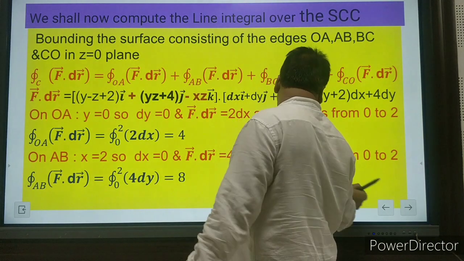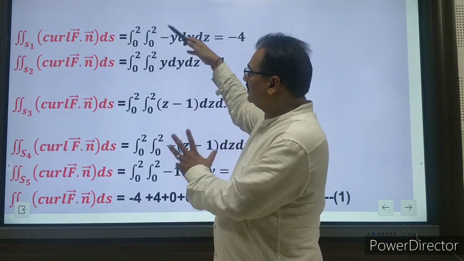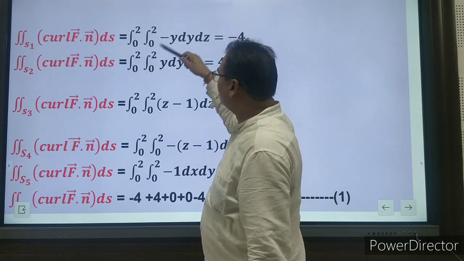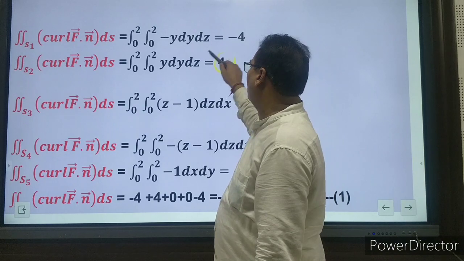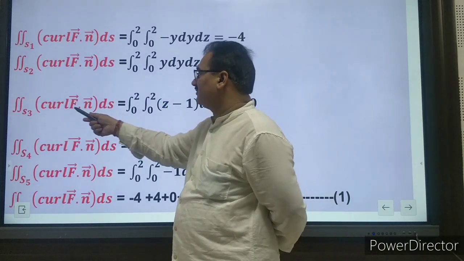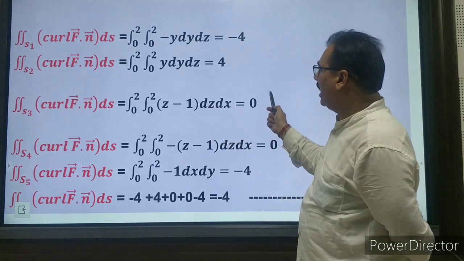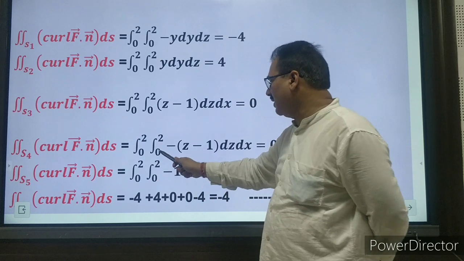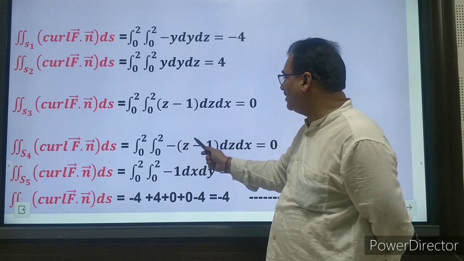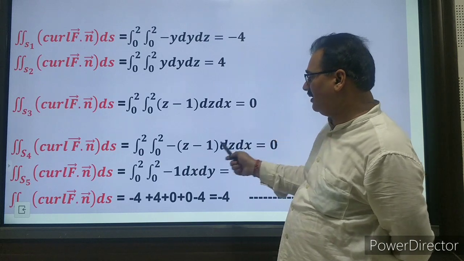Similarly, calculate S2: since the direction is the same, 0 to 2, 0 to 2, y dy dz, and the value will be 4. Now S3 will be 0 to 2, 0 to 2, (z minus 1) dz dx, and this value will be 0 after putting in the values. For S4, you get 0 to 2, 0 to 2, minus (z minus 1) dz dx, and the value here also will be 0.